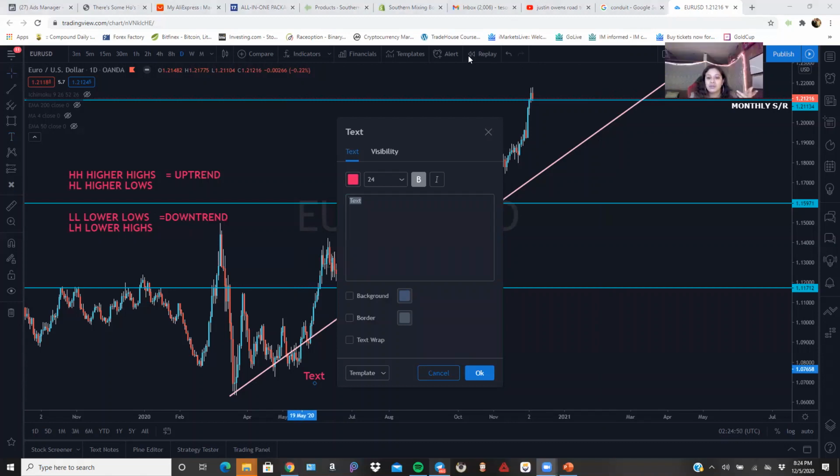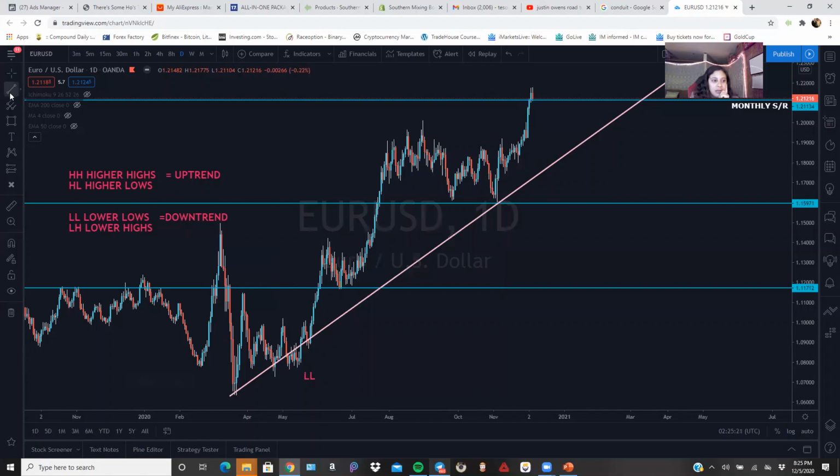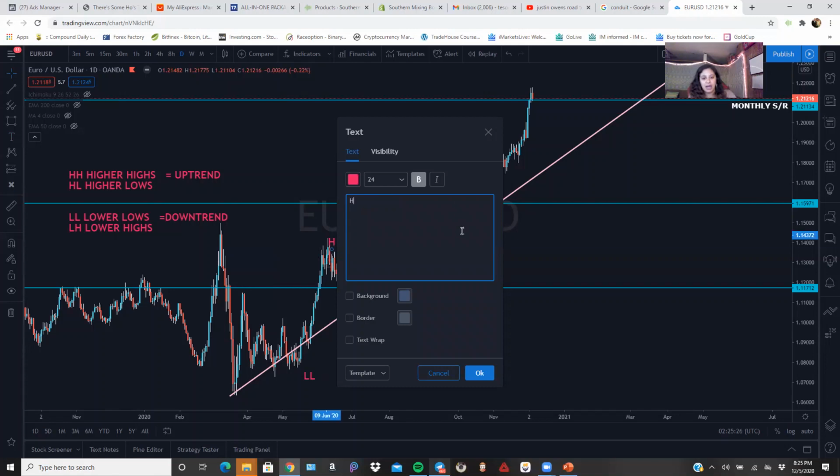You may have trouble identifying what's going on with the chart because you're not really understanding what you're looking at. So I'm going to tell you what you're looking at, right? This right here is a lower low. Click right here. This right here is a lower low, right? And then when you come here, we have a higher high.